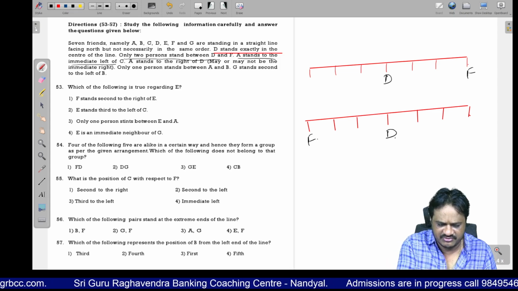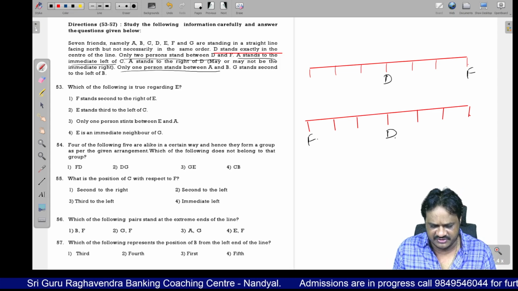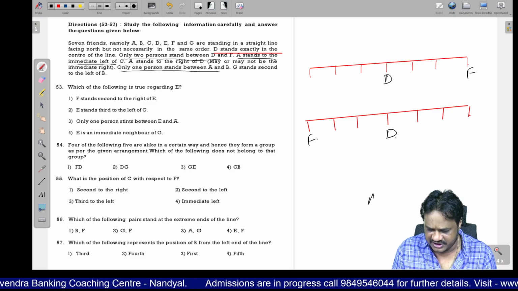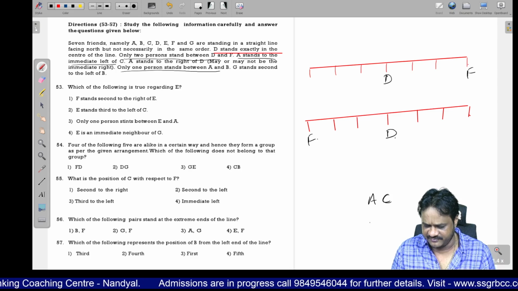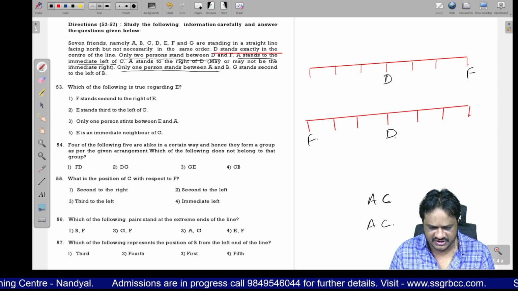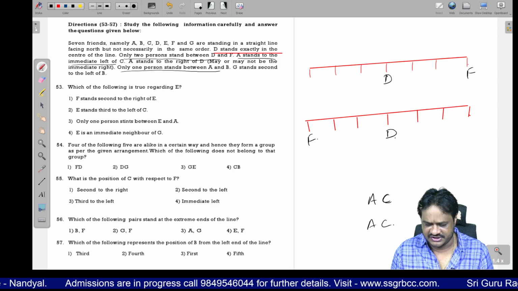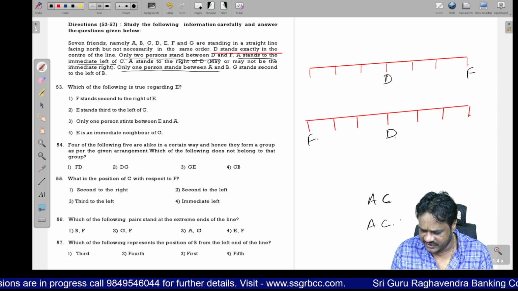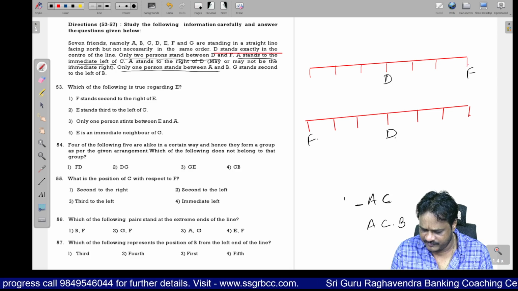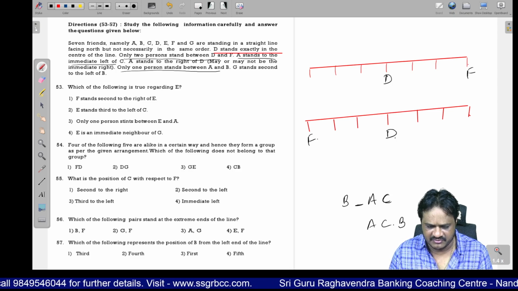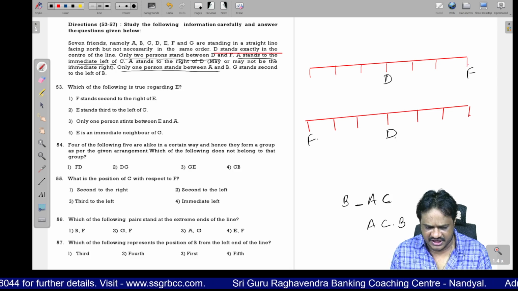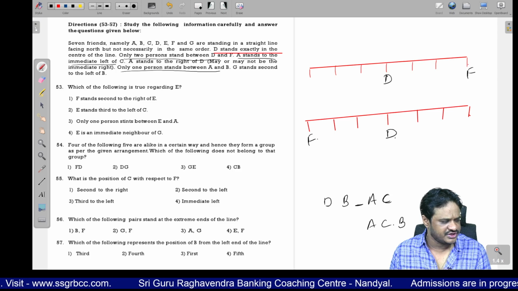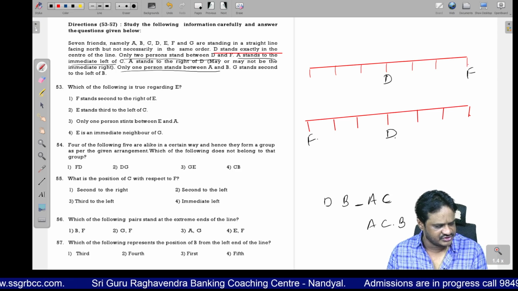One person is there between A and B, and G sits second to the left of B. A stands to the immediate left of C. Then one person is there between A and B. Then A stands to the right of D. So A is standing to the right of D. This is one case.